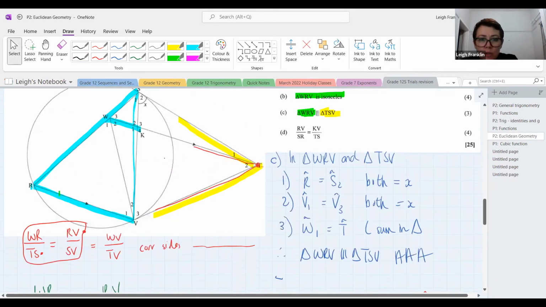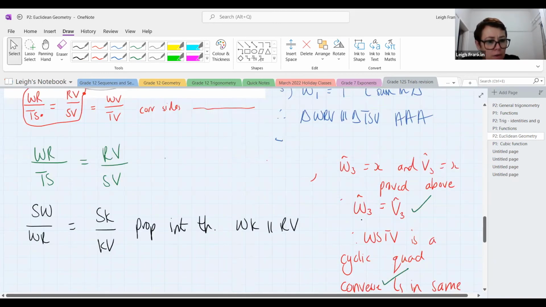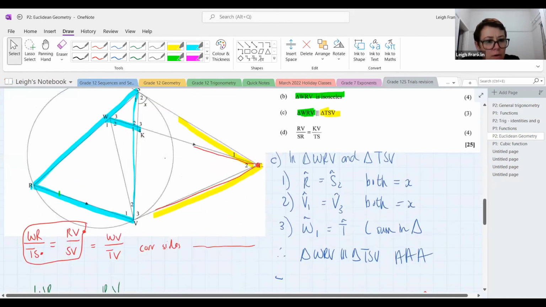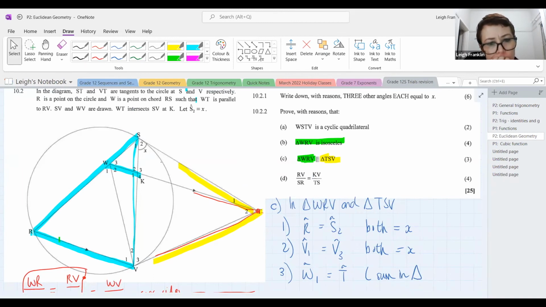Okay, so what do we want? RV over SR. If we've got RS, that's the whole side.